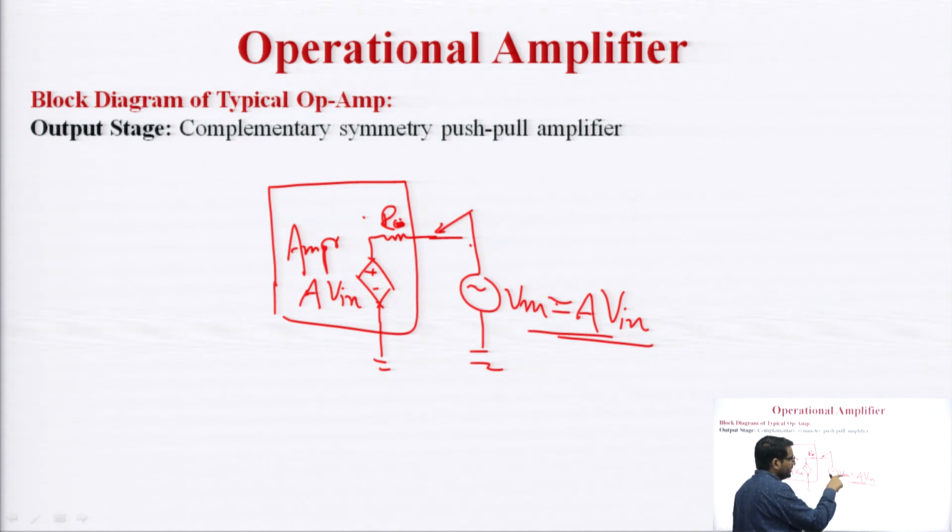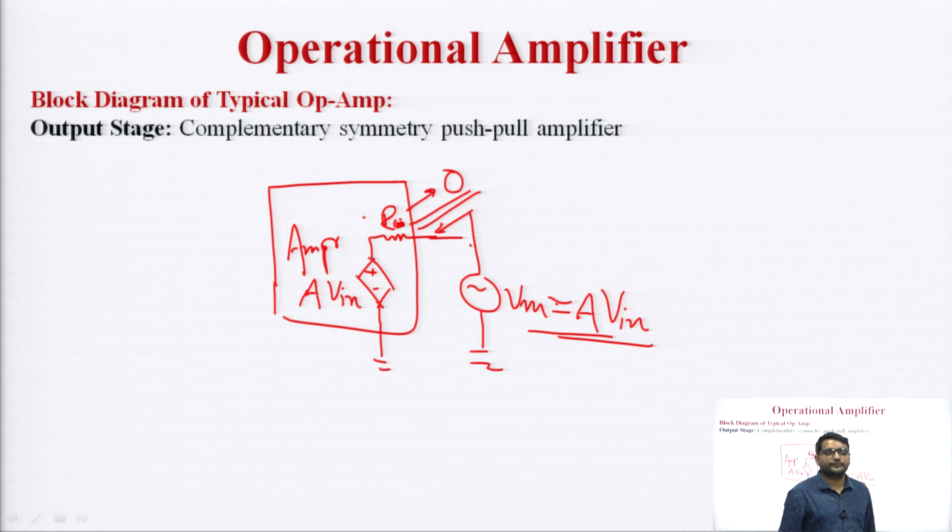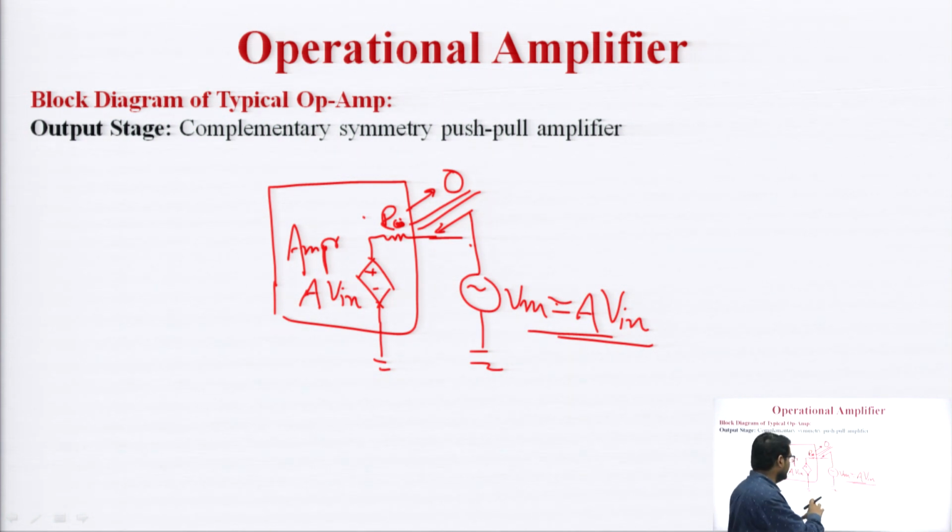It is possible when RO is 0. If RO is 0, we find the ideal amplification of the voltage, that is, VM equal to A V in. And if RO is 0, it also neglects the loading effect. Okay.